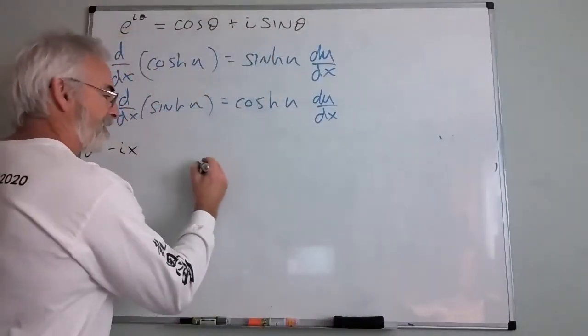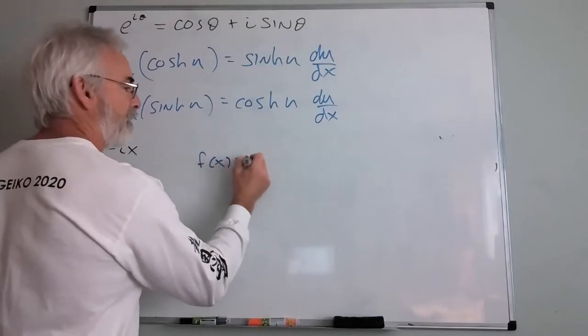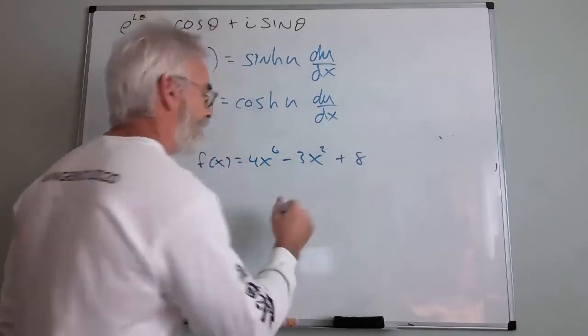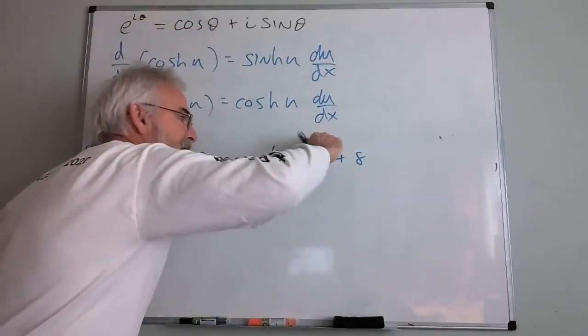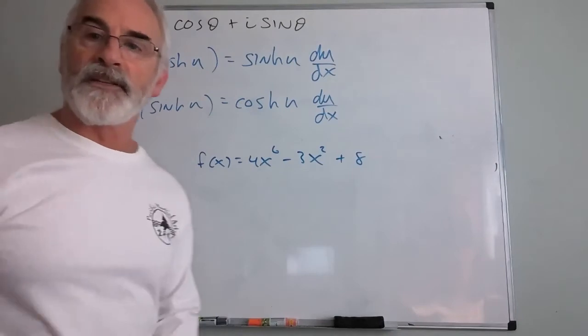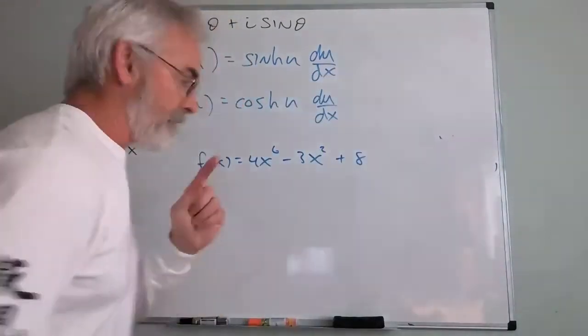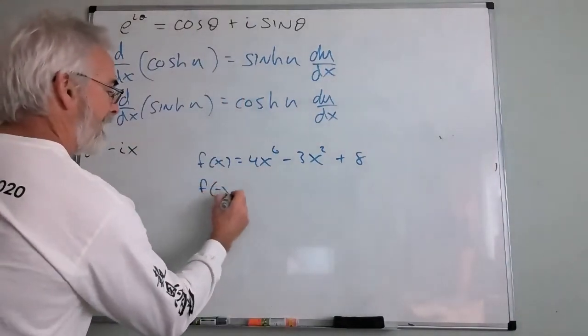So if we said, for example, f of x is 4x to the 6 minus 3x squared plus 8. That's even degree, and a constant technically is considered even degree because it's times x to the 0 power. What is f of negative x?